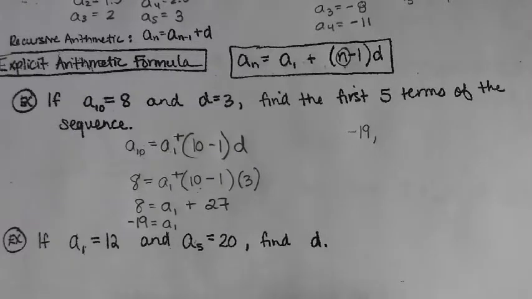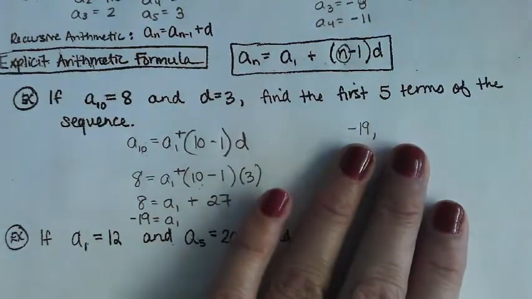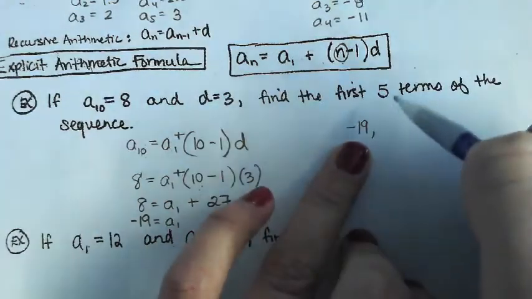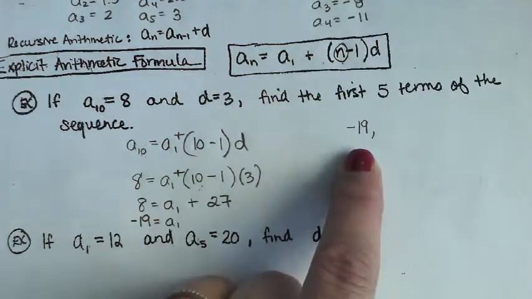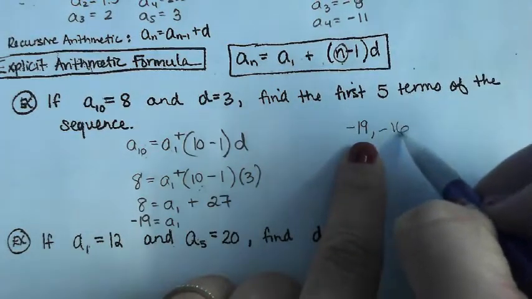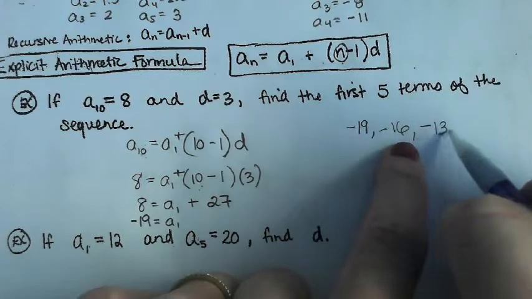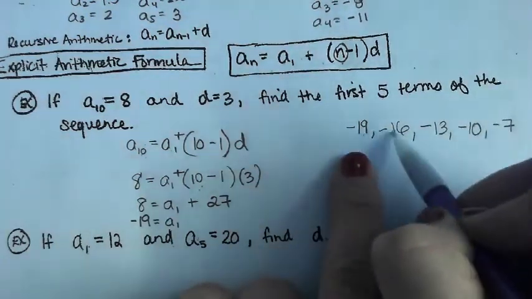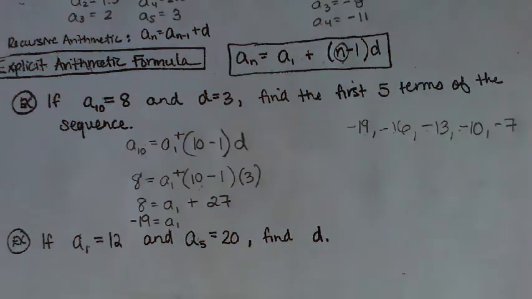But so negative 19, and then your common difference is 3, so add 3, add 3, add 3, add 3. So you can kind of go recursively from here. If I add 3 onto that, I'm at negative 16. Add 3 onto that, negative 13. Negative 10, negative 7. Is that 1, 2, 3, 4, 5 terms? Yes. Go ahead, Bo. Share it with us.